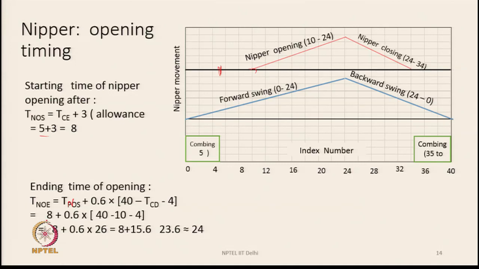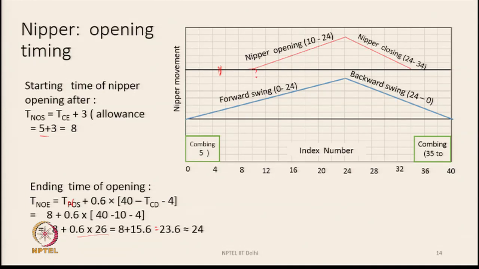If we put these values here, you get 8 plus 0.6 into 40 minus 10 minus 4. So, 8 plus 0.6 into 26 gives you a value of 23.6, which is equal to 24. That means the ending of the opening, when it will be fully open, will be around index number 24.